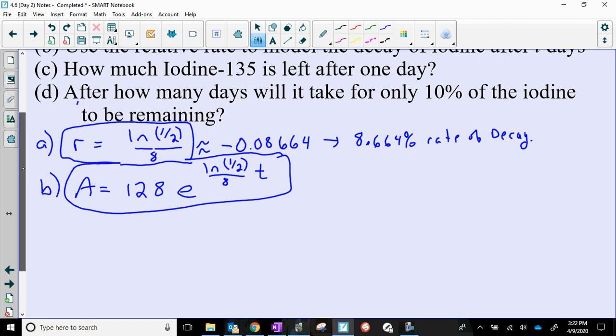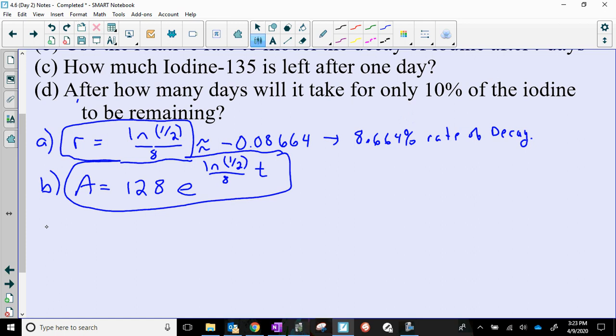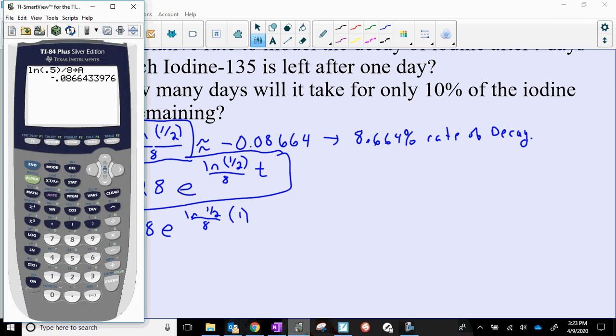All right, part C. How much is left after 1 day? Should be the same answer we had before. So we're just going to put 1 in for our time, since our time is a measurement of days. And then we're just going to plug it into our calculator.